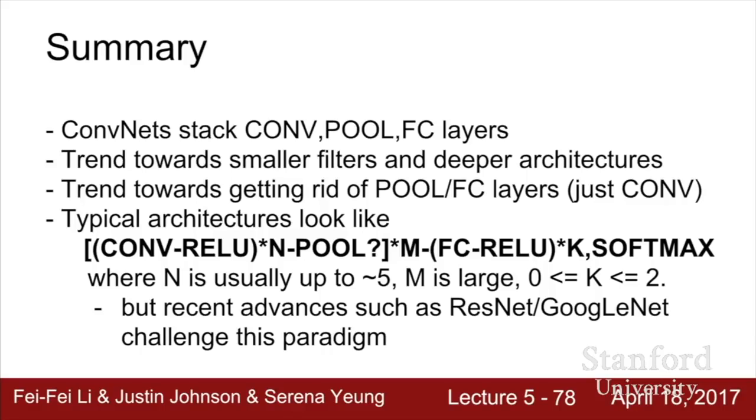Some typical values: you might have n up to 5 of these. You're going to have pretty deep layers of conv ReLU pool sequences, and then usually just a couple of fully connected layers at the end. But we'll also go into some newer architectures like ResNet and GoogleNet, which challenge this and give pretty different types of architectures.